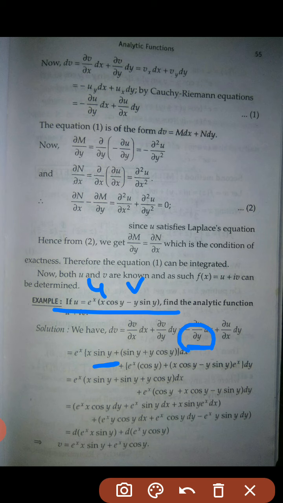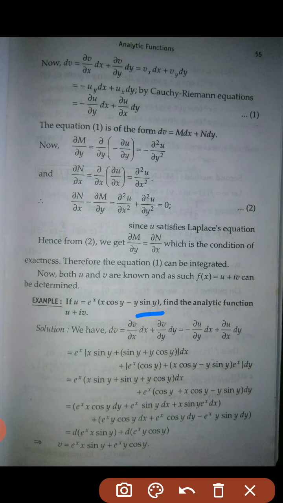Then we have plus, since again it is a product of u into v. So again plus, now sin y. Here again we differentiate minus y sin y.